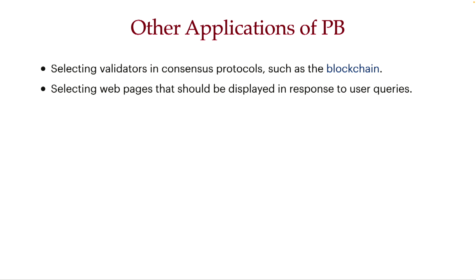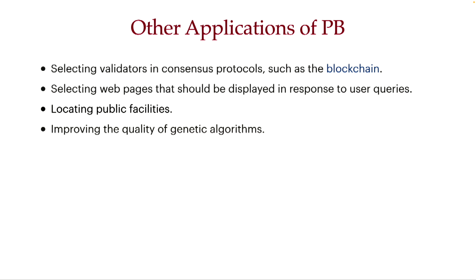So, that is why PB applications come there as well. Locating public facilities, of course, we know that PB has applications, and this one I really do not know how to improve the quality of genetic algorithms using PB, but it has application. Okay. The second one, how is it related to PB?